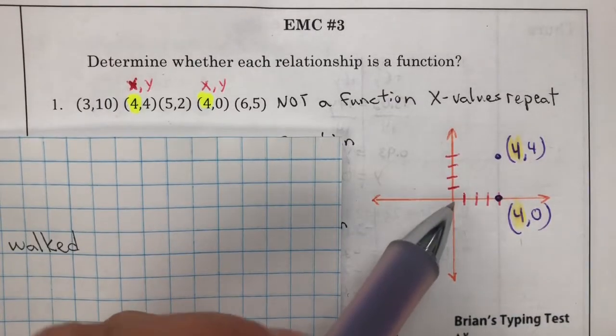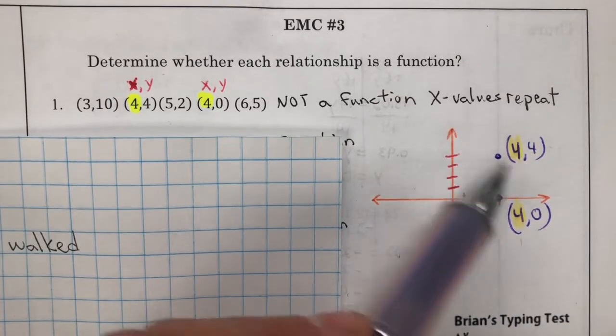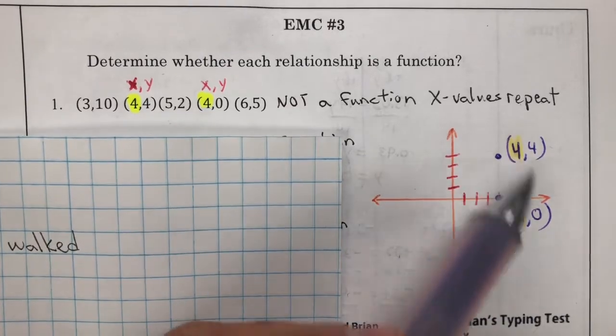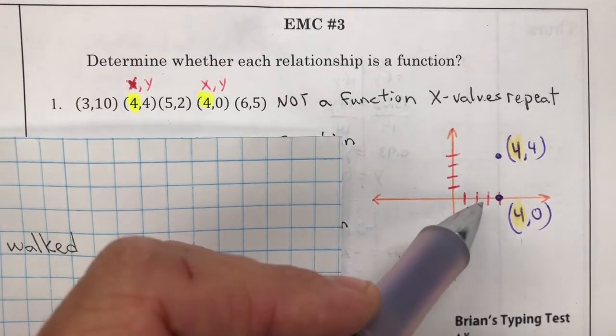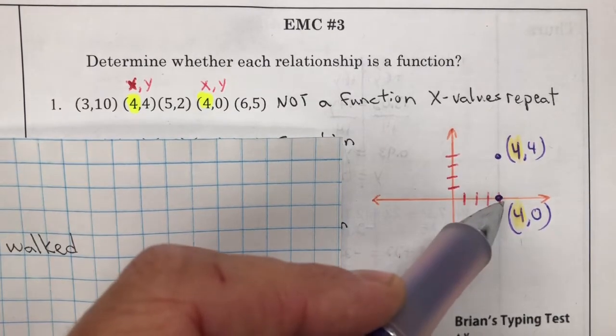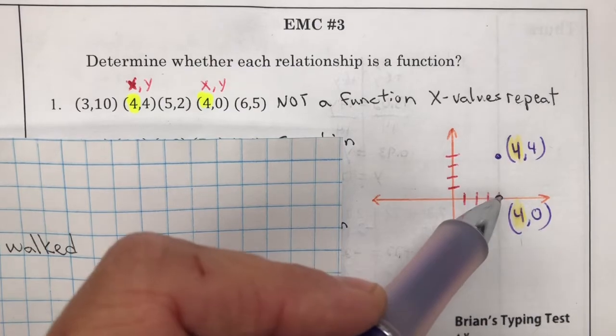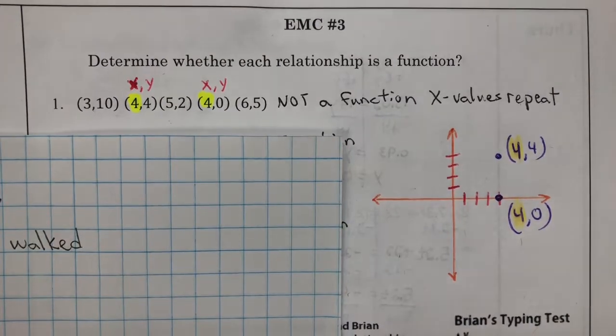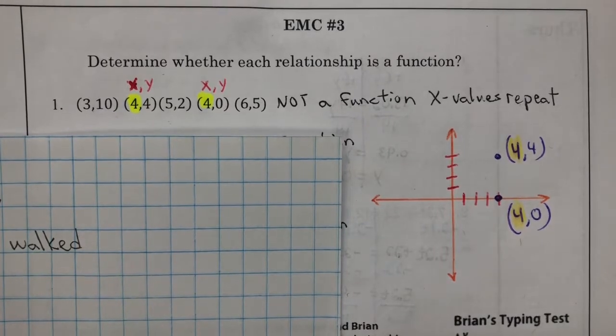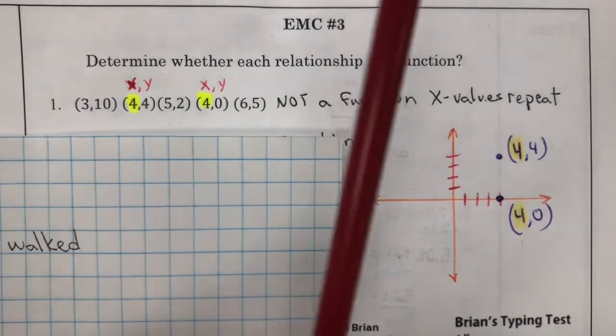So here's an example of this, these ordered pairs on a graph. Here, distance, number of hours, 4 hours, and I traveled 0 miles and 4 miles. That does not work. And this is an example of the vertical line test. It does not pass the vertical line test.